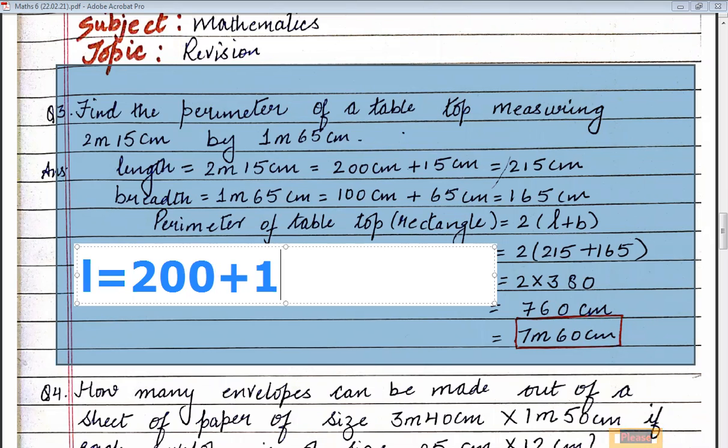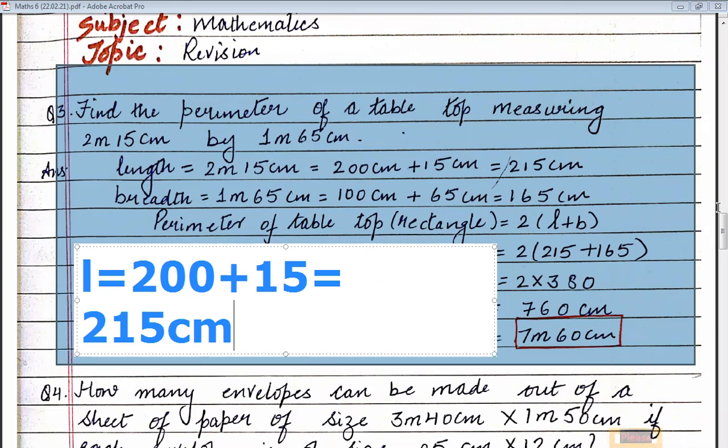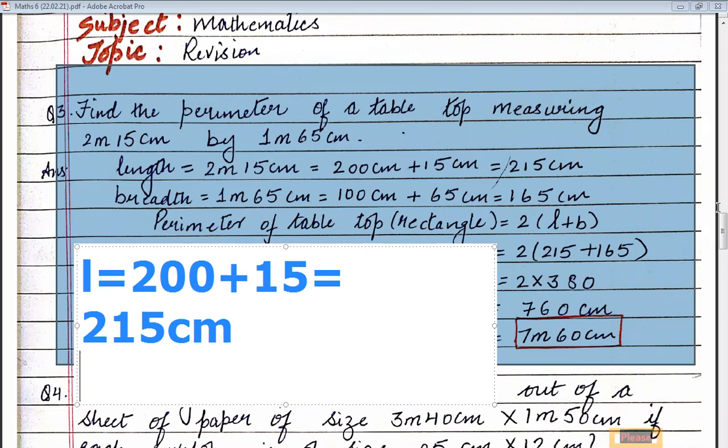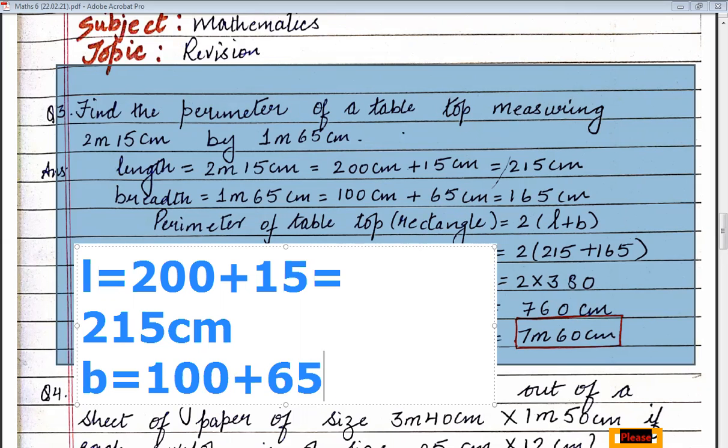So it will be 215 centimeter. Is it clear? Then the breadth is 1 meter 65 centimeter. 1 meter means 100 centimeter, and then plus 65. After adding, you will get 165. So these are the length and breadth of the rectangle.